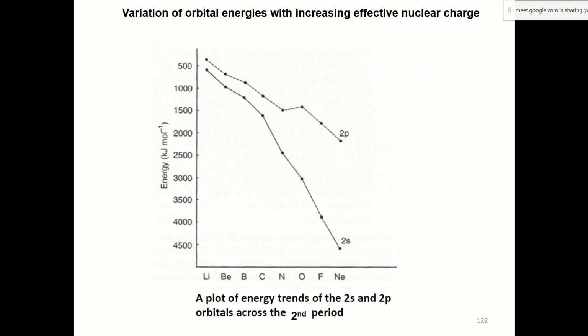If you look at these 2s and 2p energies, as the nuclear charge increases, the energy of both of them decreases as you move along the period.